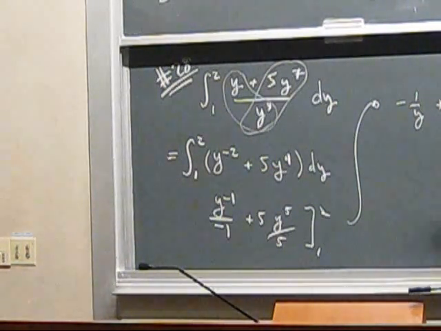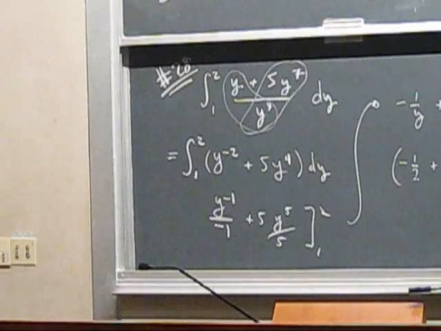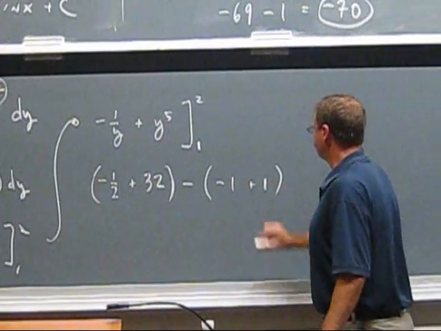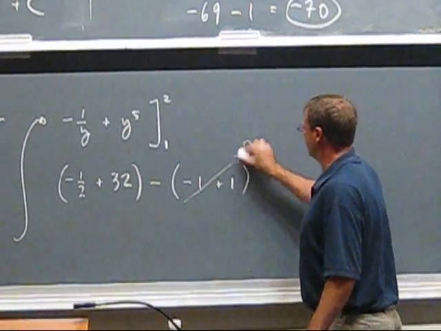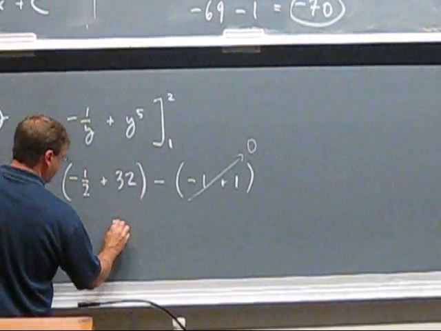When I put in 2, I get negative 1/2 plus 32. Now I need to subtract off what I get when I plug in 1, and that'll be negative 1 plus 1. So this is just 0. Okay, so we end up with 31 1/2.